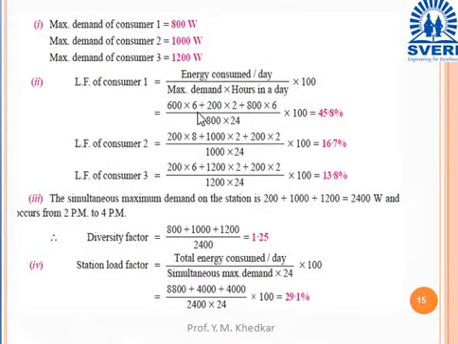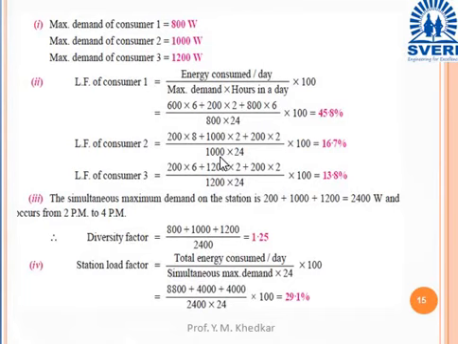Directly they have calculated over here: 600 into 6 plus 200 into 2 plus 800 into 6, divided by 800, which is the maximum demand, multiplied by 24 hours, we get the load factor 45.8. Similarly, we have followed the same process: 200 watt multiplied by 8 hours plus 1000 watt into 2 hours plus 200 watt into 2 hours, divided by 1000 into 24.